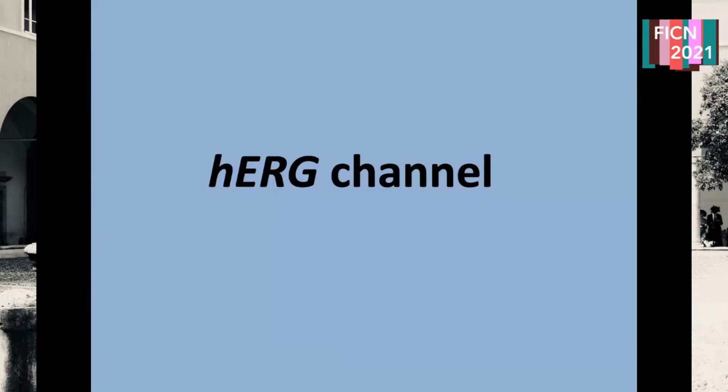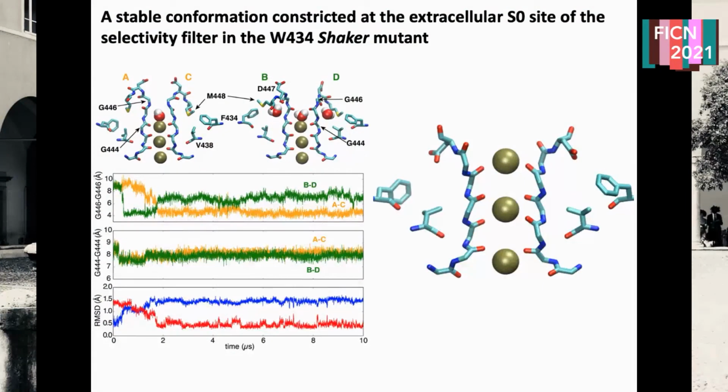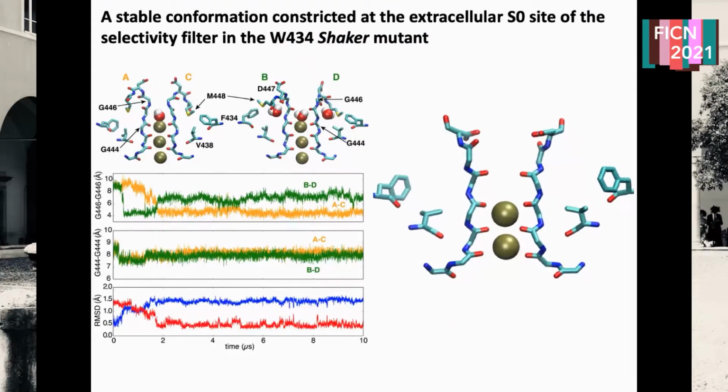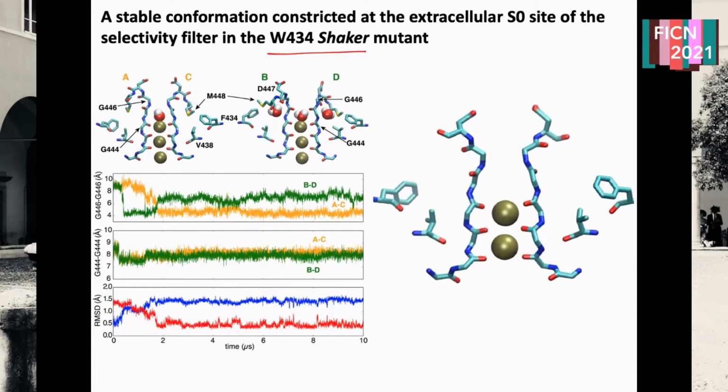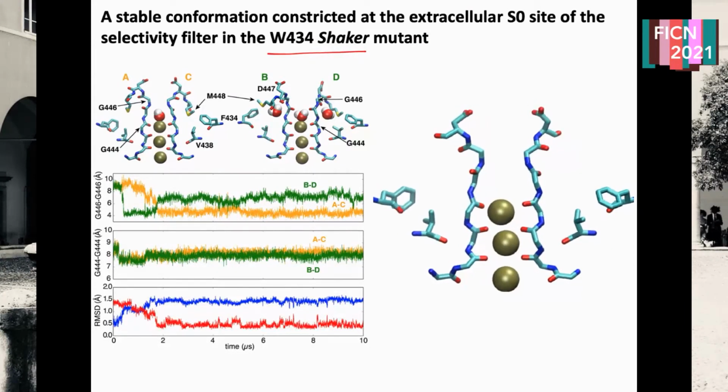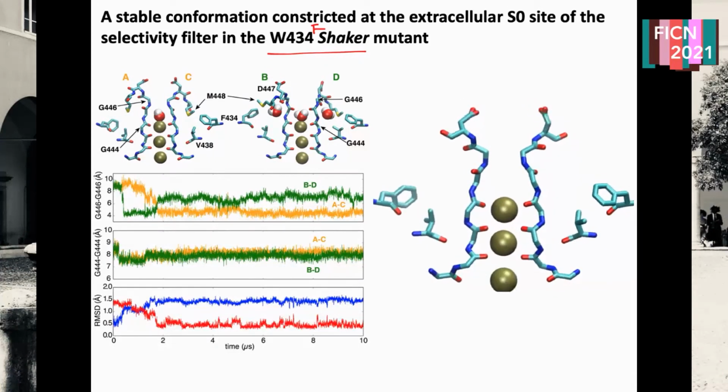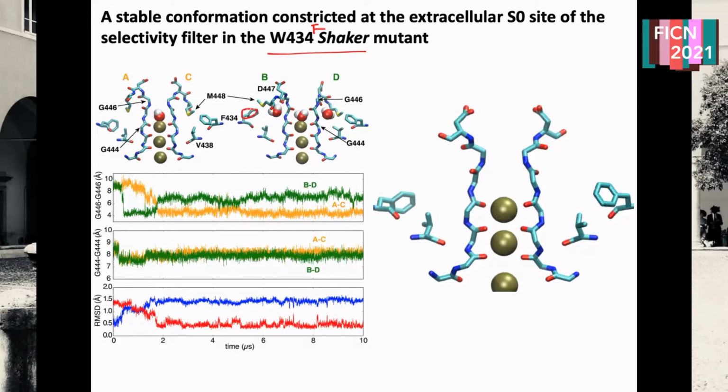There is a very famous mutation in Shaker that's been studied for a long time, the W434F mutant. If you change a tryptophan into a phenylalanine in Shaker, just around here close to the filter, the filter is known to inactivate very, very fast. In experiments, it's been very difficult to characterize that structurally, but we can do this in molecular dynamics.